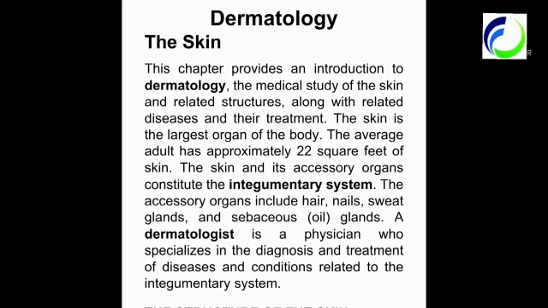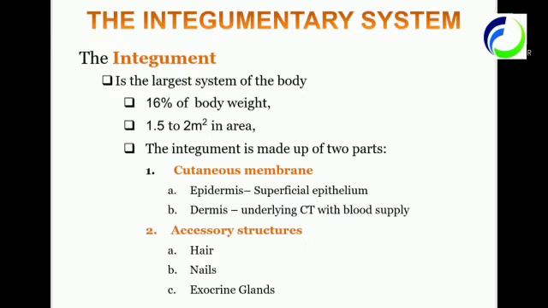The integument is an organ and it is an alternative name for skin. The integumentary system includes the skin and its skin derivatives like your hairs, nails and glands. The integument is the largest system of the human body, and guys mind it, it is the largest system of the body only.